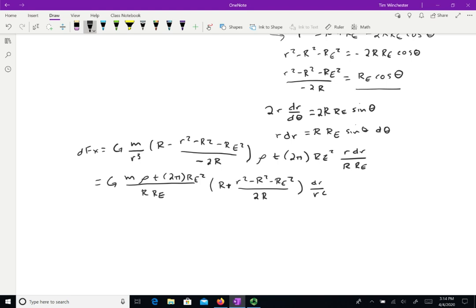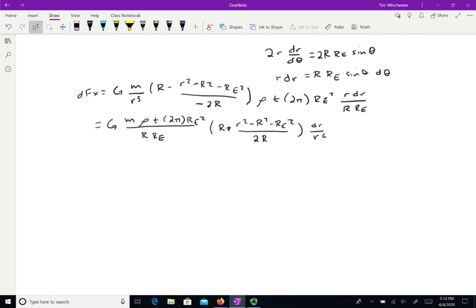Now we just need to integrate. The total force in the x direction will be the integral of the force from each ring, which will be the integral of all these constants, so G M rho t times 2 pi. I have an R_E on top and on the bottom, so I'll cancel one of those.